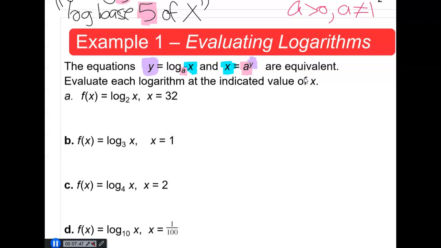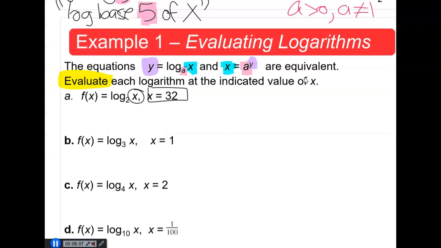All right, so whenever you see evaluate, you need to find some sort of numerical value or expression after performing some operation. So here we're going to substitute x with a 32.